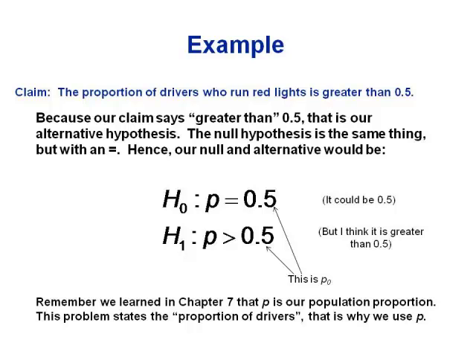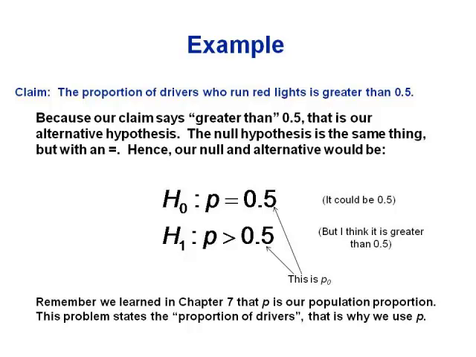Well, if it's a greater than claim, it has to go in the alternative hypothesis, H1, because the null hypothesis is always an equal sign. So I'm going to say, okay, I think my proportion, it's a proportion, so I'm going to use P. I think my proportion is greater than 0.5, and then the null hypothesis will be that same value, 0.5, but I'm going to change it to an equal sign.